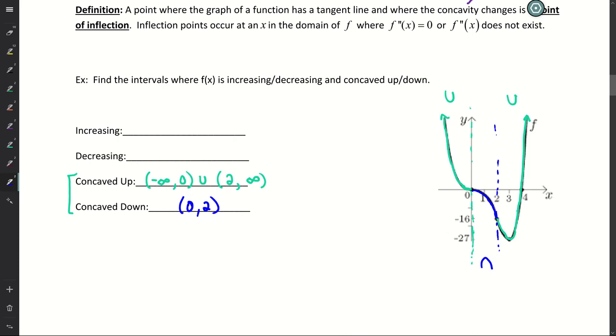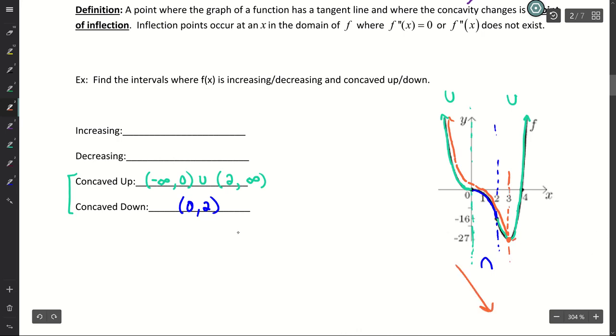All right, now I'm going to go back and talk about something we've already talked about, and that is increasing, decreasing. That's different here as far as what I want to look at. Increasing means that my graph is going uphill. Decreasing means it's going downhill. In general, we can see from this part of the graph all the way down, down, down, till about that value, this graph is going down.